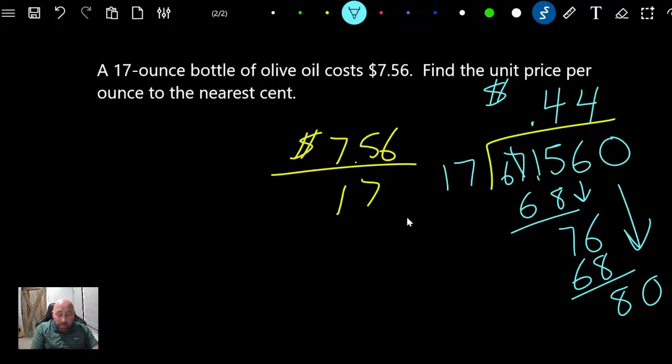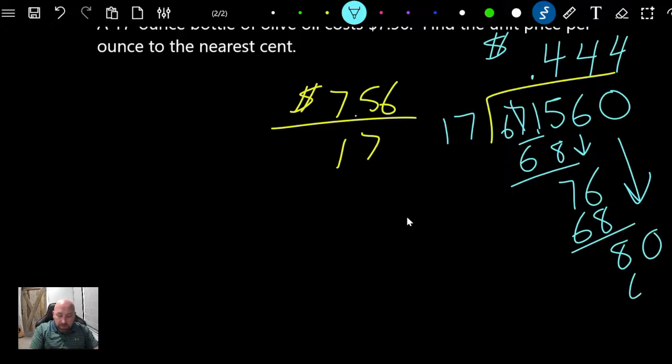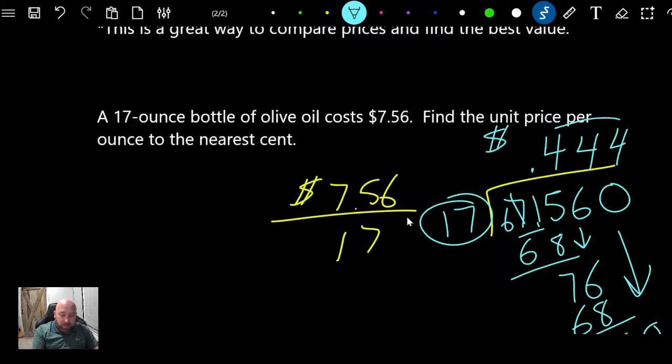Notice we basically have the same thing again. We're really close. We were at 75, 76, and now we're at 80. We can probably try a 4 again, and we get 68 again, and then we get 12. Notice that 12 is smaller than 17, so the answer would be 0.444, but we're rounding to the nearest cent, so we look at the next door neighbor.